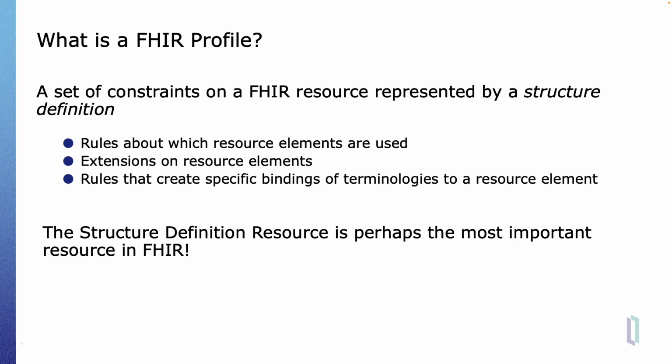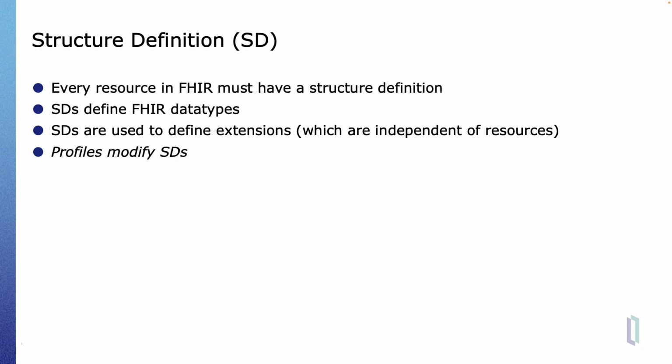FHIR profiles are expressed using a particular set of resources called conformance resources, which are embodied in structure definitions. Structure definitions define the elements, data types, and extensions. Profiles modify base FHIR resources.